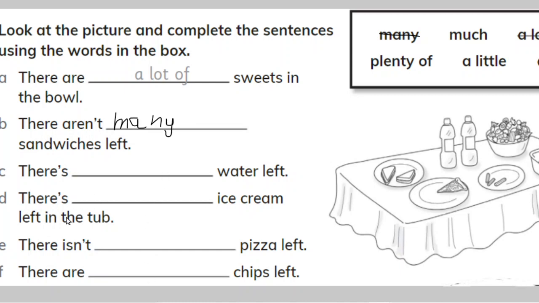There's dash ice cream left in the tub. Again, this is a positive sentence, and ice cream is again uncountable. So we can use, say, a little. This is what I've used, a little.